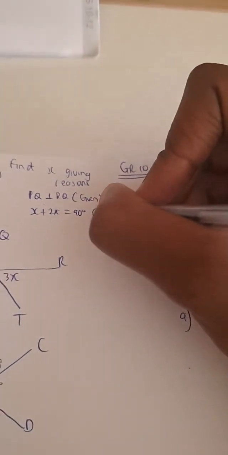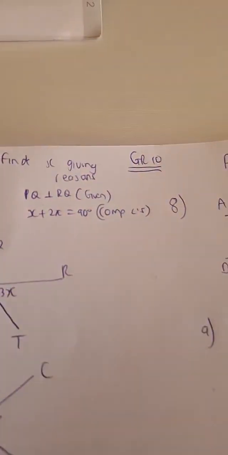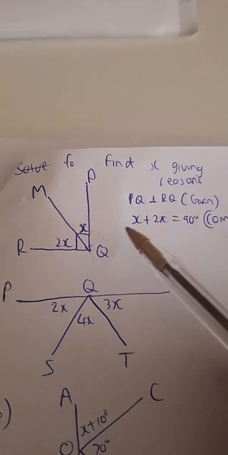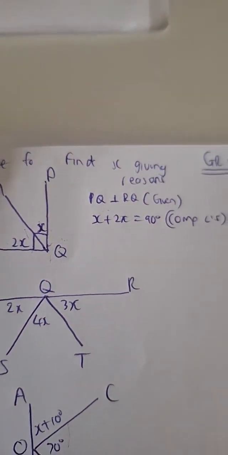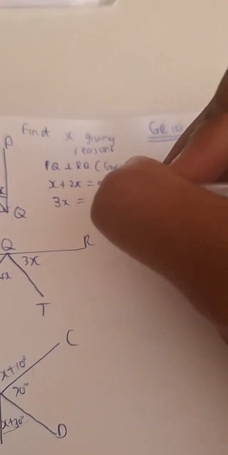What's the reason? We say comp angles. Maybe you're asking what that means. Remember, angles that add up to 90 degrees are called complementary angles.